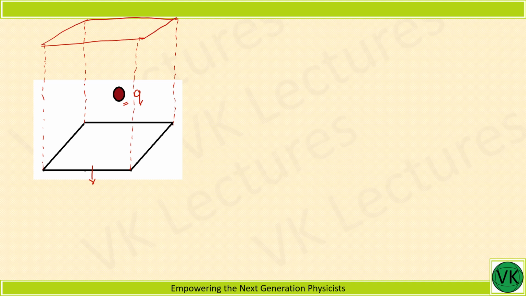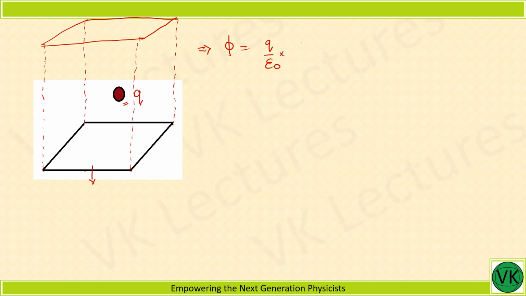So now we have constructed the cube, and we know that the total flux through the entire cube is equal to q by epsilon naught, but we don't have the surface of the cube, but we have only one single side, that is the square.